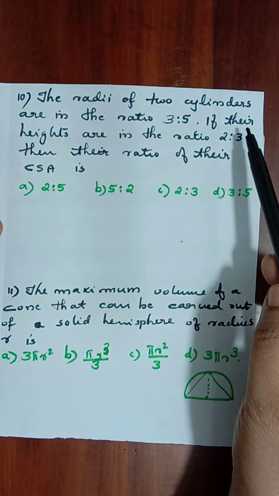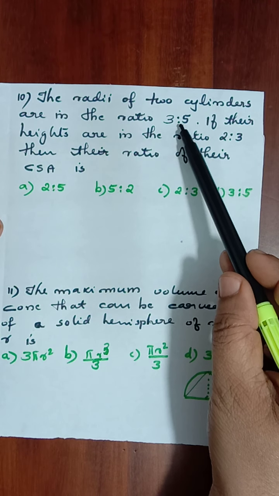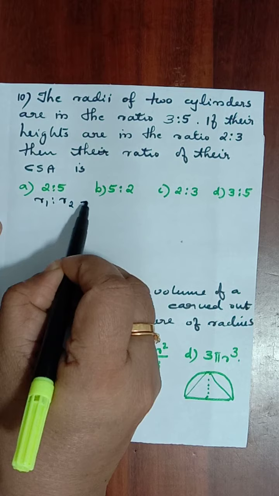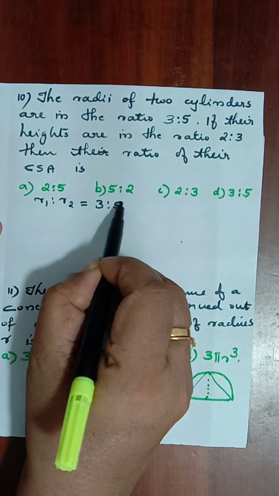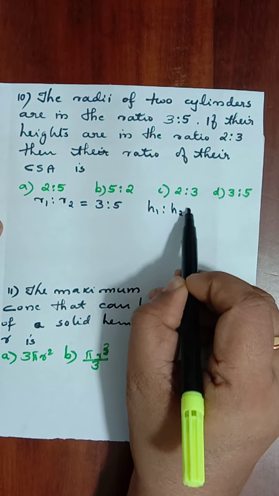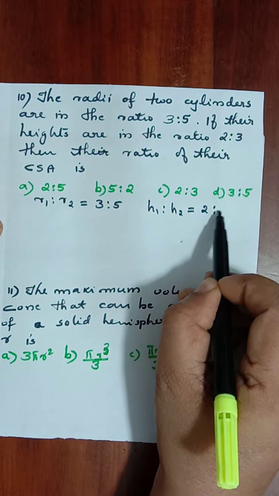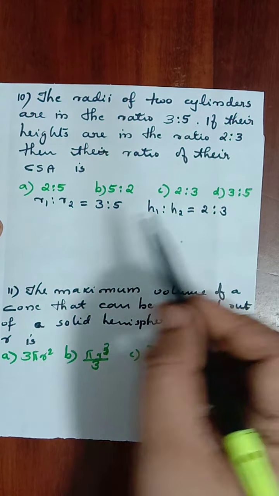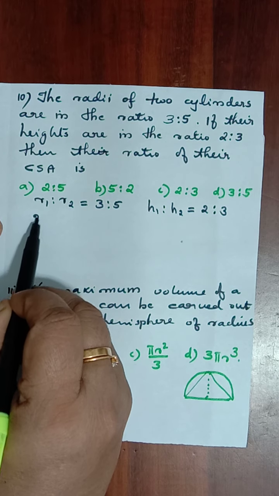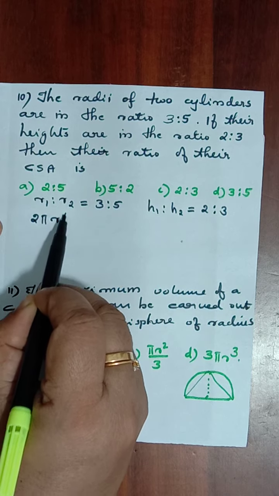The radii of two cylinders are in the ratio 3:5. That is, let R1 is to R2 equal 3:5. The heights are in the ratio H1 is to H2 equal to 2:3. Then find the ratio of their CSA. The CSA formula is 2 pi RH.